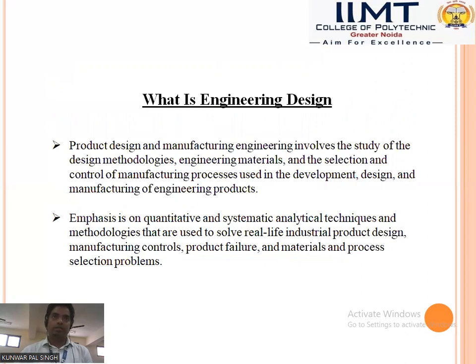So what is engineering design? Product design and manufacturing engineering involves the study of design methodologies, engineering materials, and the selection and control of manufacturing processes used in development, design, and manufacturing of engineering products.